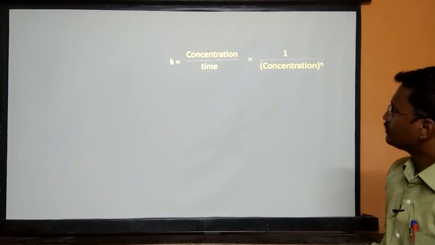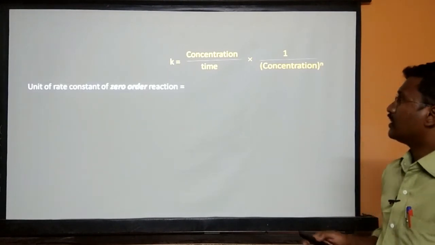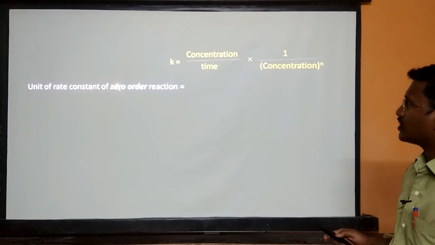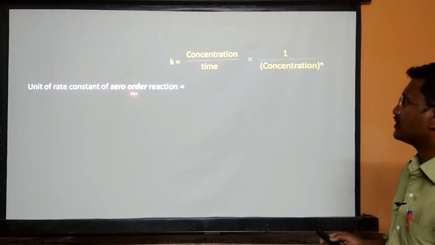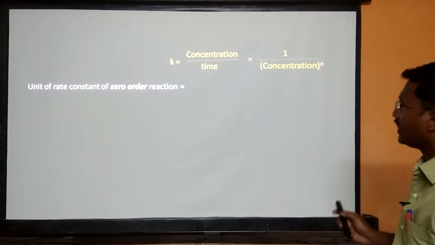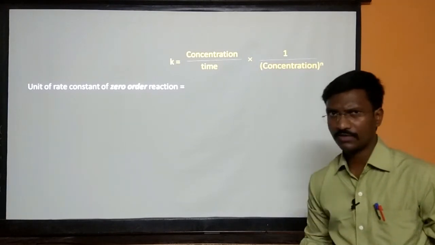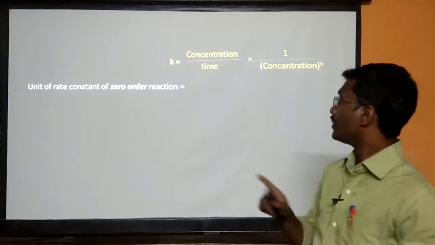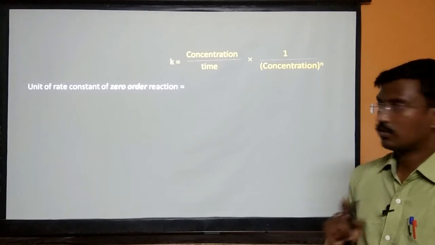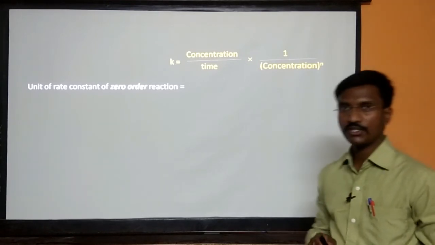Here, look: the unit of rate constant for a zero order reaction. A zero order reaction is nothing but when N is 0, where N is the order of the reaction. If N is 0, we say the order of the reaction is 0. If N is 1, the order of the reaction is 1.